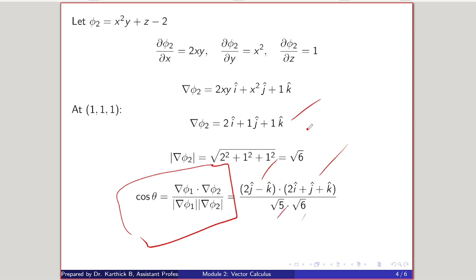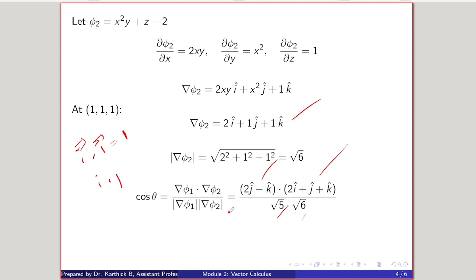Simply what we will do is a scalar product, a dot product. I vector dot i vector becomes 1. I vector dot j vector is 0.